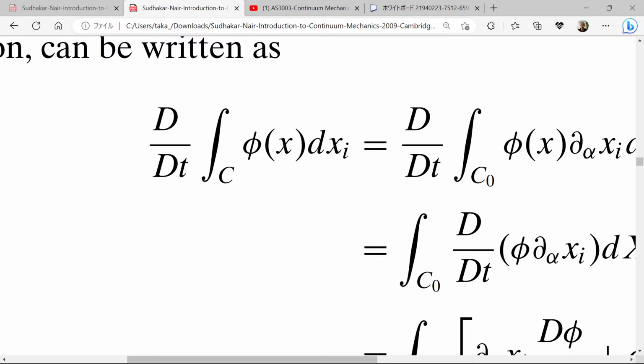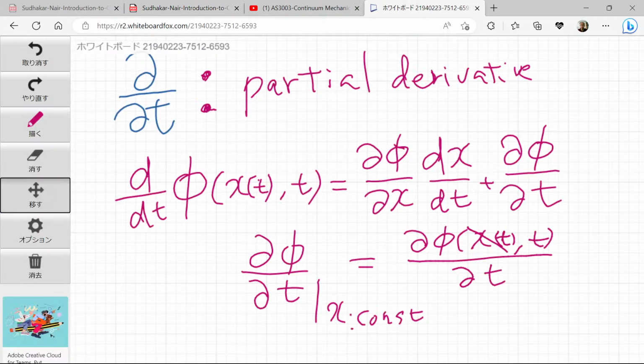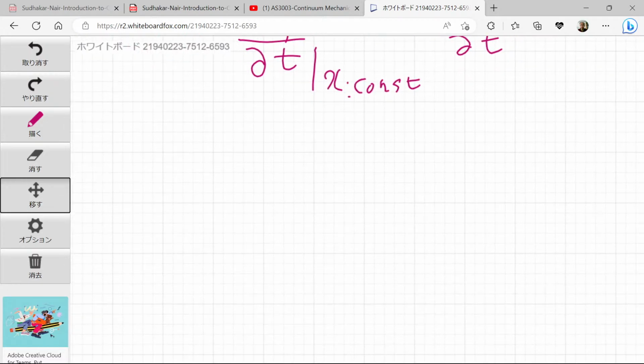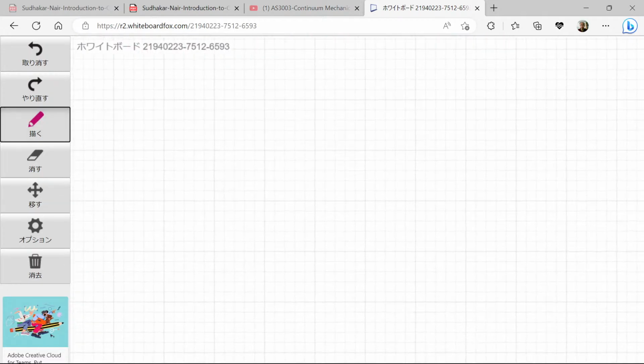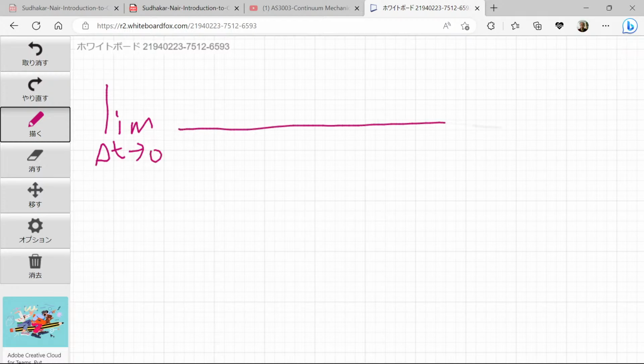This total derivative actually means like this. You take the limit as delta t goes to 0, which is the basic definition of differentiation.